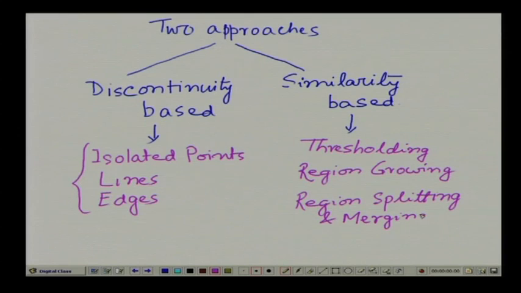Under region splitting and merging, first you split the image into a number of different components following some criteria, and after you have split the image into smaller size sub images, then you try to merge those sub images which are adjacent and which are similar in some sense.